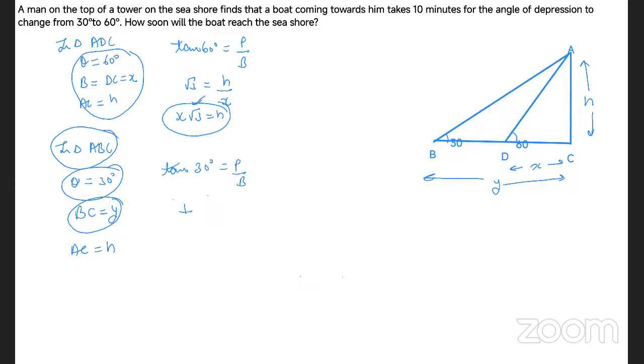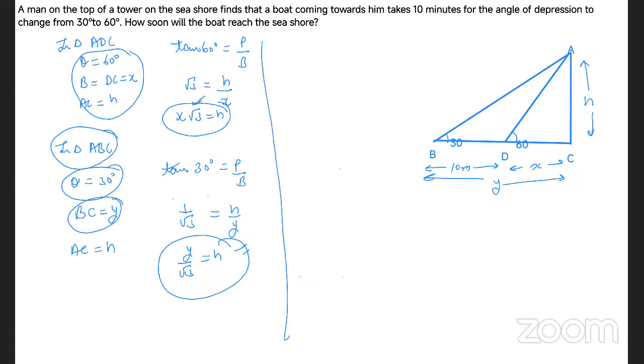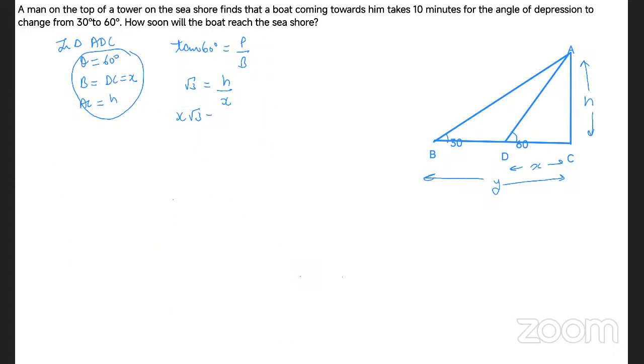Tan 30 degrees is 1 by √3, perpendicular is H upon base, which is Y. So Y by √3 equals H. So here I got this. Now it is given that 10 minutes it took to reach this side. 10 minutes is the time taken. So now I got this thing. This is not 10 meter, this is 10 minutes. Right.